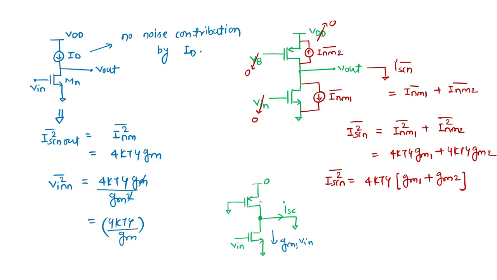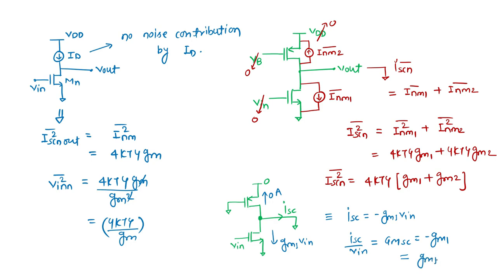For the above device, the gate is zero, drain zero, source zero, everything is zero, so zero current is going there. So ISC is nothing but minus gm1 Vin. So ISC by Vin, which is the short circuit transconductance of the entire circuit, is minus gm1, which I will say as gm only.